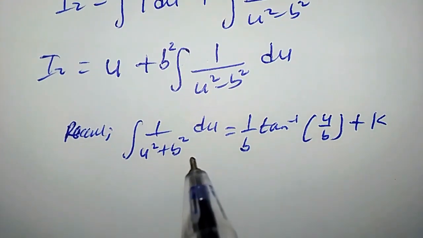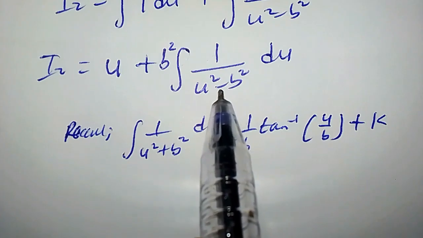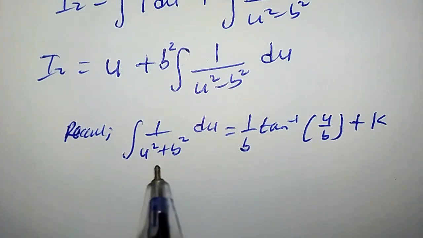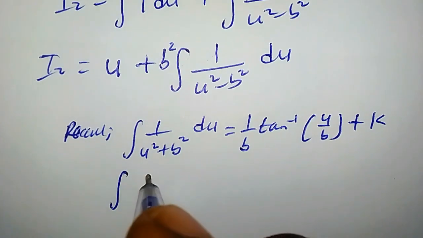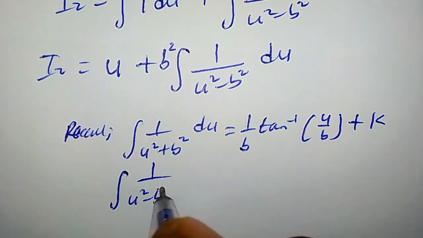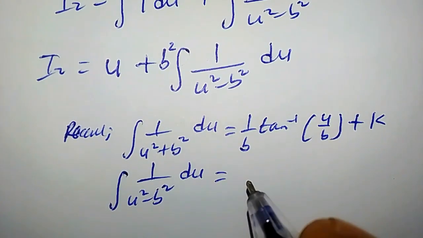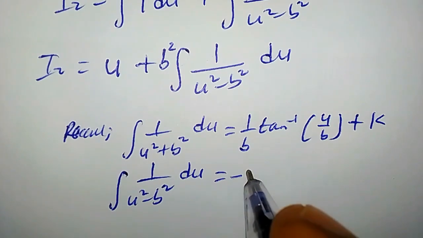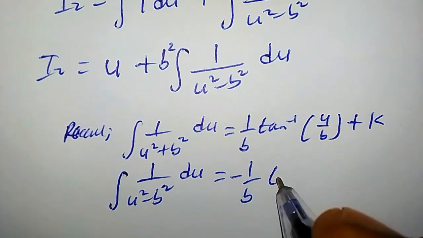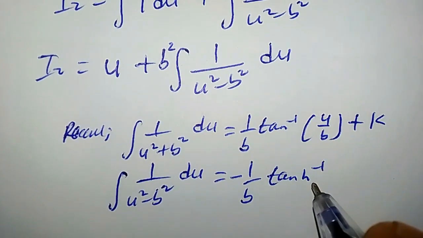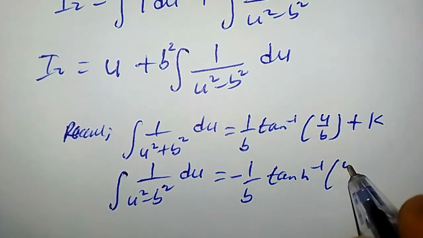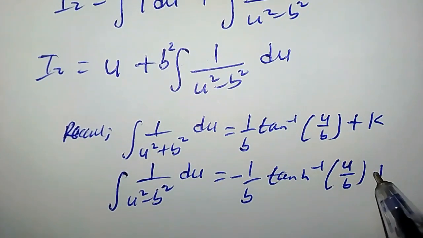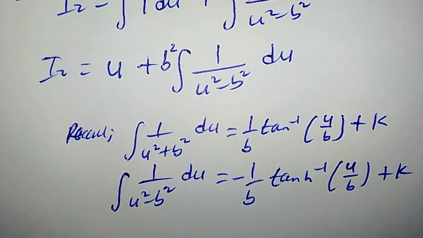Similarly, you will see that at the denominator here, the sign is negative, so the structure is quite similar. So the integral of 1 over u squared minus b squared du will be equal to minus 1 over b times inverse hyperbolic tangent of u over b plus k. Take note of these two.